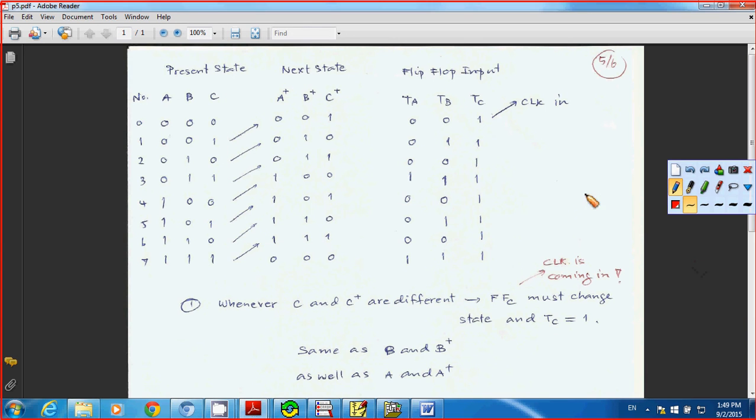And if you understand the basic idea, you see this is the present state, number 0, 1, 2, 3, 4, 5, 6, 7. This is just a normal truth table. For 3 inputs ABC, you have 0, 0, 0, 0, 1, 1, 1, 1 for A, right? Now for the next state, I put the positive sign here. So that means for the clock number 1 coming in, ABC input used to be 0 0 0.